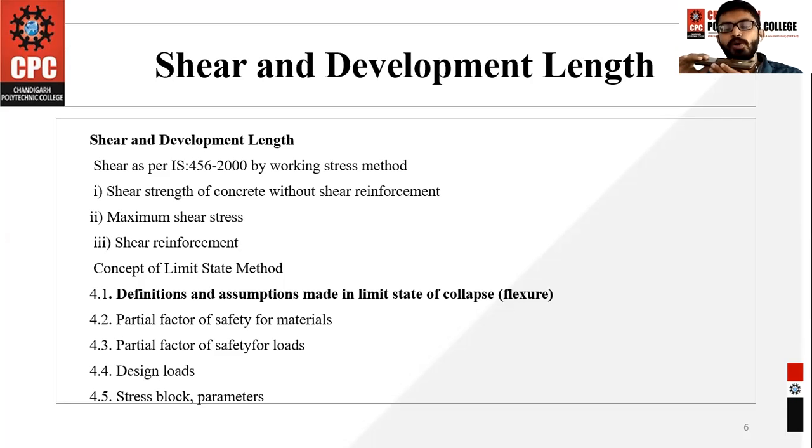And similarly, if the load is coming parallel to the longitudinal axis, that means it is a column. So it depends on how the load is coming, along the lateral axis or the longitudinal axis. If I rotate it like this and the load is coming parallel to the longitudinal axis, then it is known as a column. Okay, so this is like that.